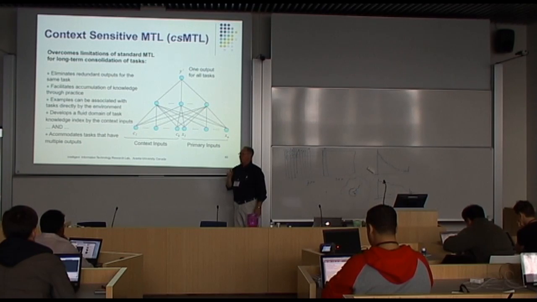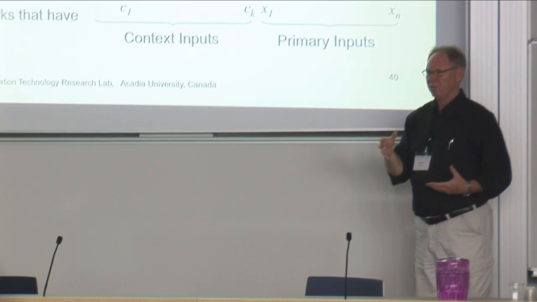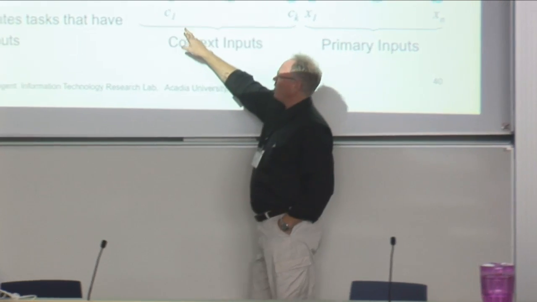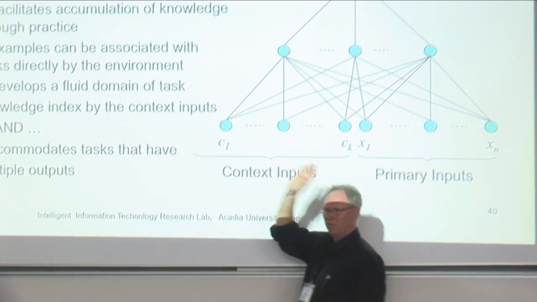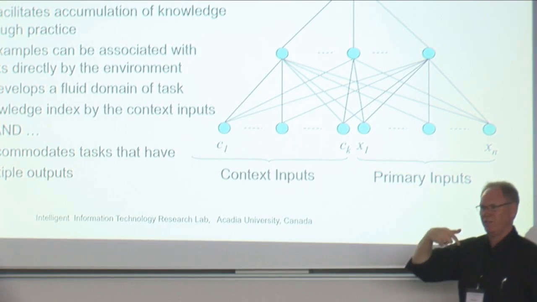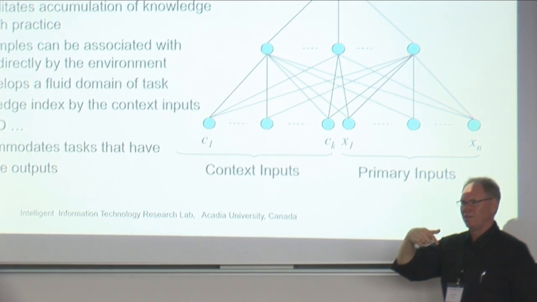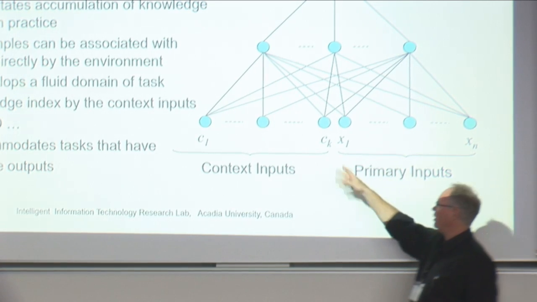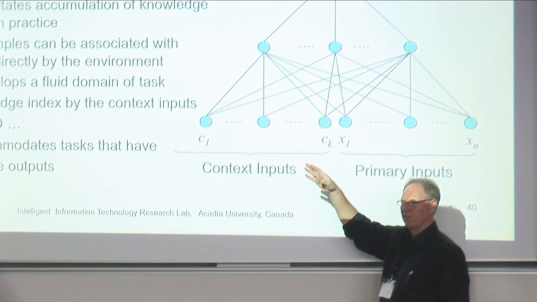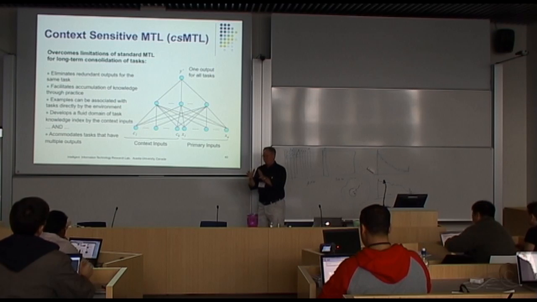Now, if we have an example for heart disease, then C1 is a 0 and C2 is a 1, because that's the context input that says that this example is about heart disease. So it's a classification? Yeah, well, it associates the example with the particular task. That's the simplest way of doing it.